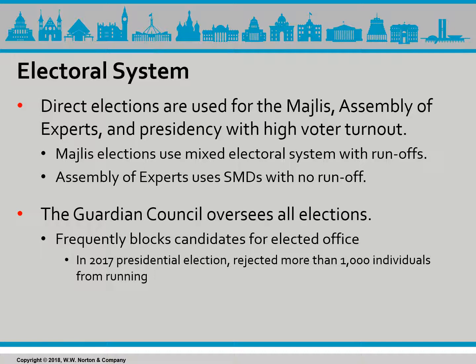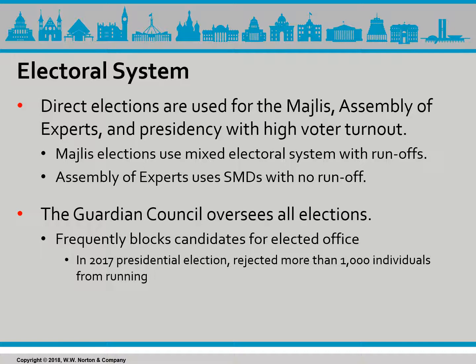Remember, in an MMD, voters have as many votes as there are seats. Any candidate with 25% of the vote gets a seat, and the rest enter into a runoff, which is what the Majlis deal with. In the 1990s, reformist forces in the Majlis lowered the voting age from 16 to 15, but conservatives then raised it to 18. So presently, if you're in Iran, you have to be 18 years or older to vote.